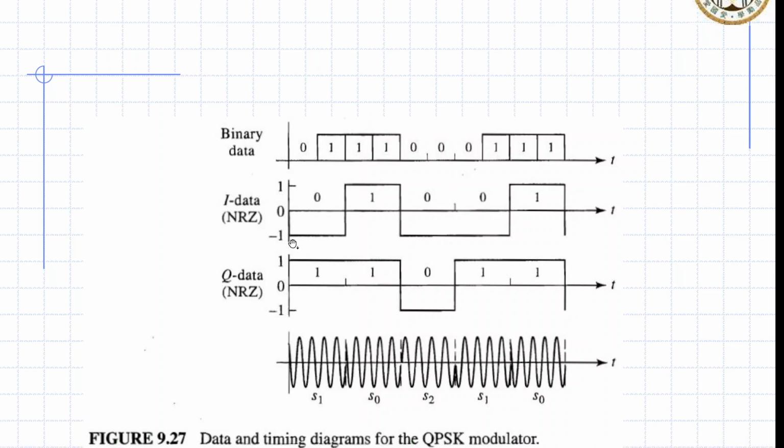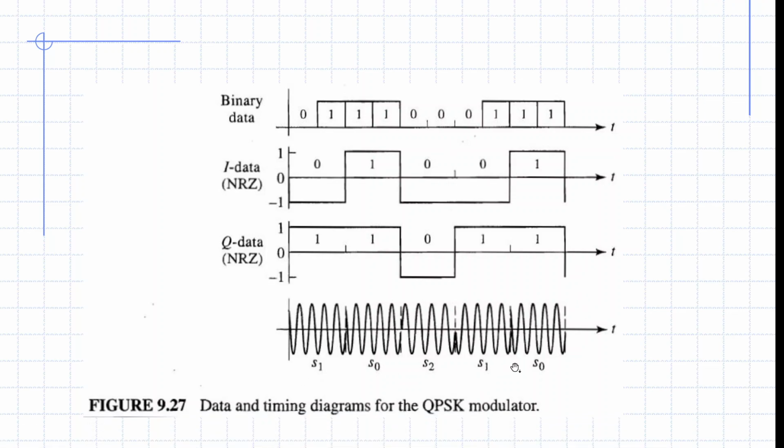Now the 0, 1 will have a phase like this. Then you have 1, 1. 1, 1 will have a phase like this. We have a total of 4 phases, one each for 0 1, 1 1, 0 0 and 1 0.